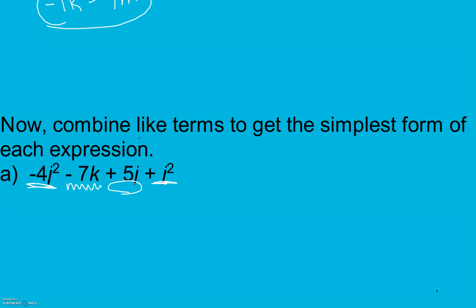They have to be exactly the same. So when I combine my negative 4 with my 1, I get negative 3j squared. Then I get plus 5j, and lastly minus 7k. Again, the sign goes with that. Remember, we talked about adding the opposite, so it's actually plus a negative 7k.